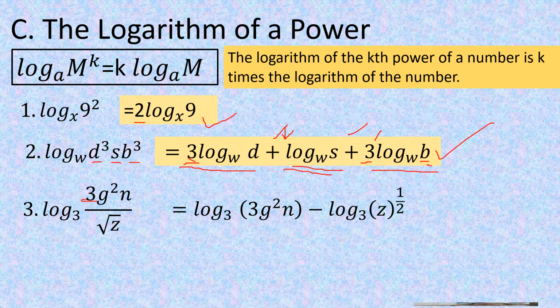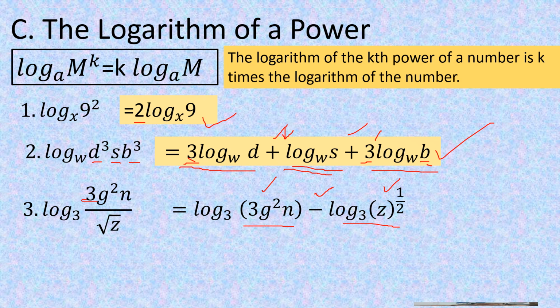So, rewritten, this is the dividend, and this is the divisor. Since it is expressed as a quotient, we are going to express it as the difference of their logarithms. And next, why this is z to the power of 1/2 from the square root of z.